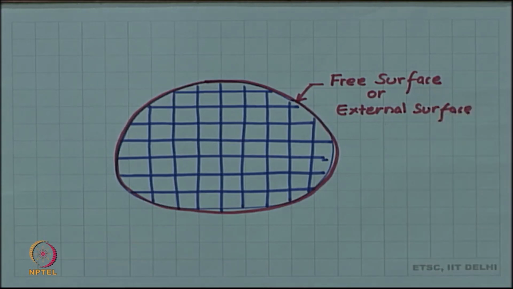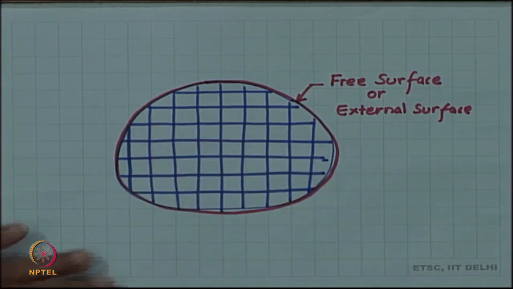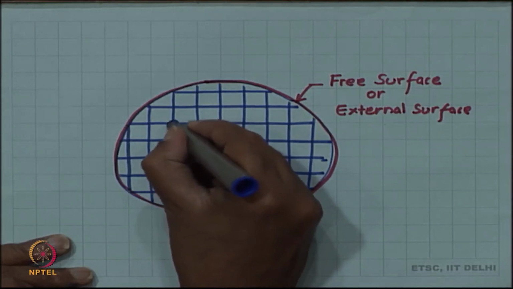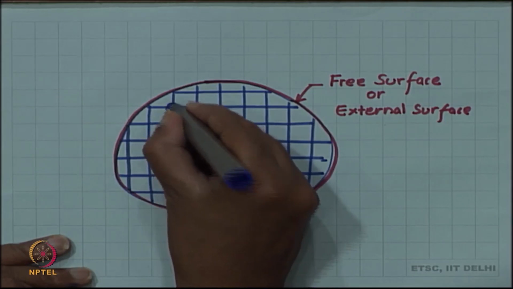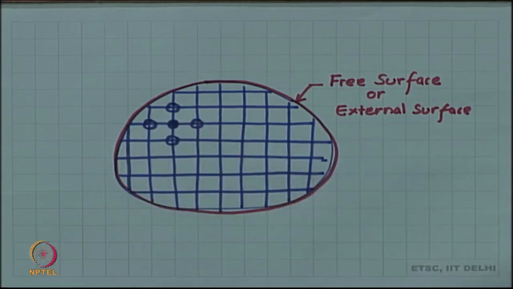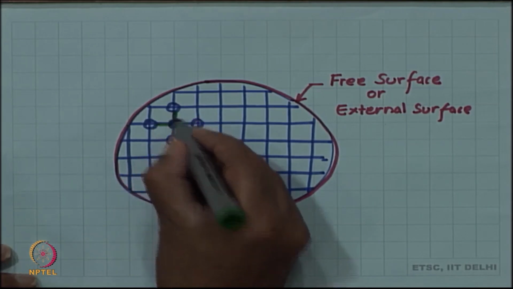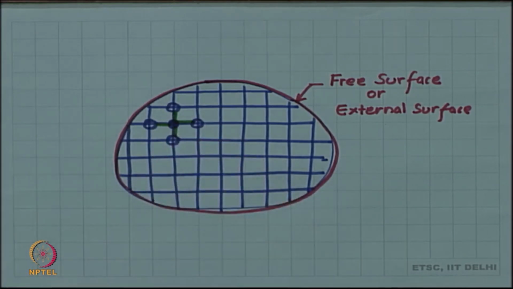And every external surface actually leads to breaking of bonds. So, a given atom in this two dimensional model has 4 nearest neighbors. So, this central atom has 4 nearest neighbors, so every inside atom is forming bonds with 4 nearest neighbors.